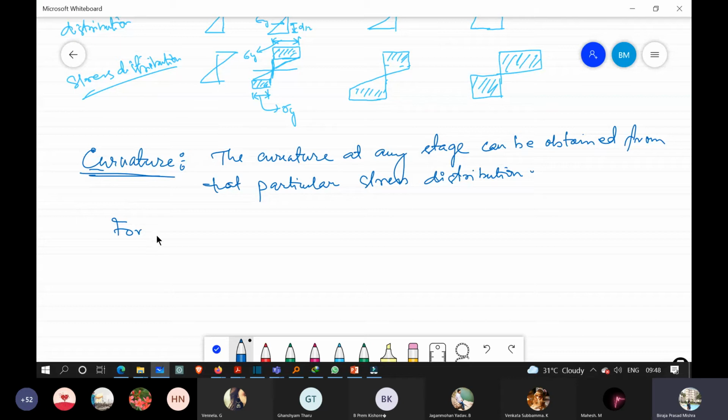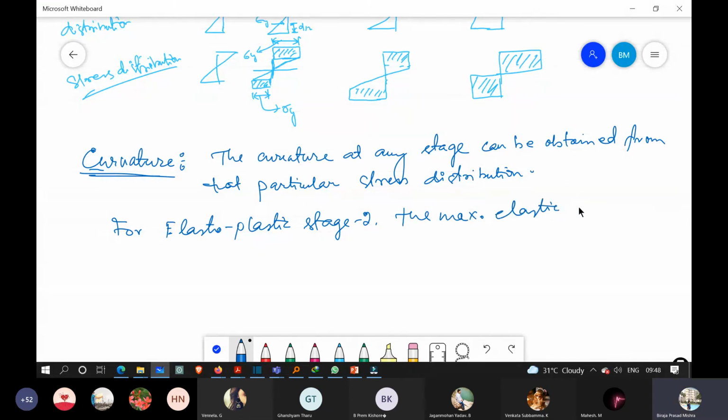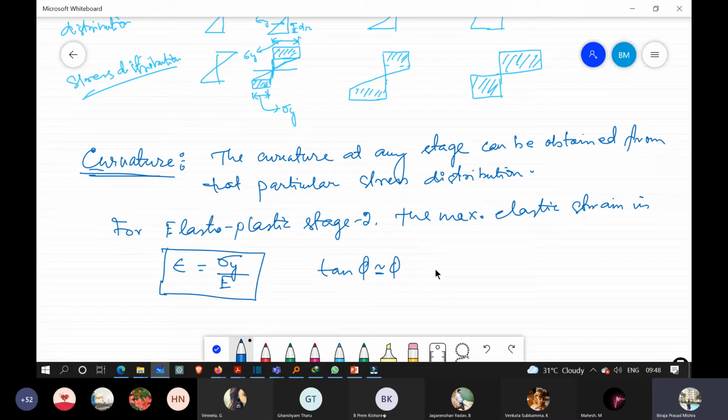For elastoplastic stage 2, the maximum elastic strain is epsilon equals sigma y by E, and this tan phi will be equal to phi, that will be epsilon by y0.